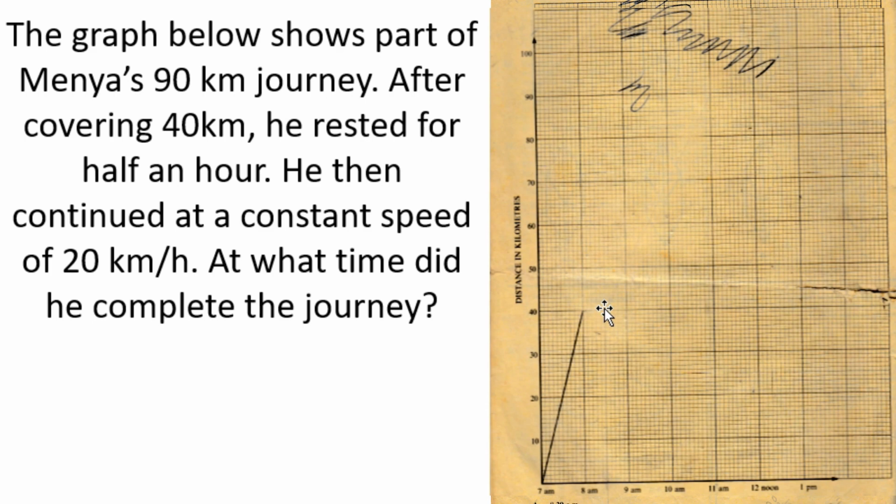And then from there, we are supposed to show a constant speed of 20 kilometers per hour. How do we put the 20 kilometers per hour? In the next page, I will show you that. So having put now the rest of 30 minutes up to here, we now see how we can put the speed of 20 kilometers per hour in the next page.